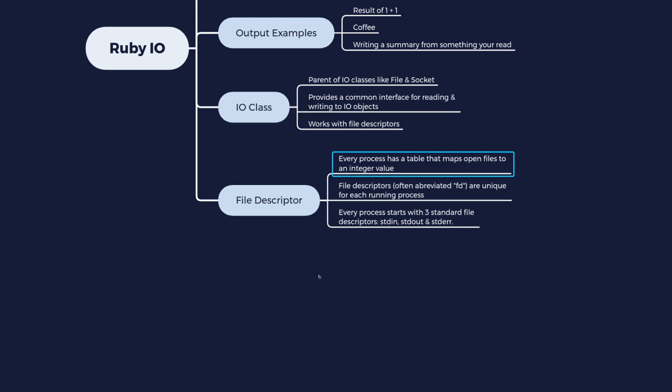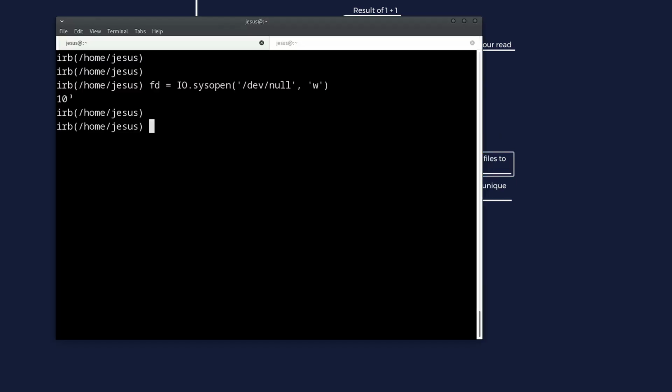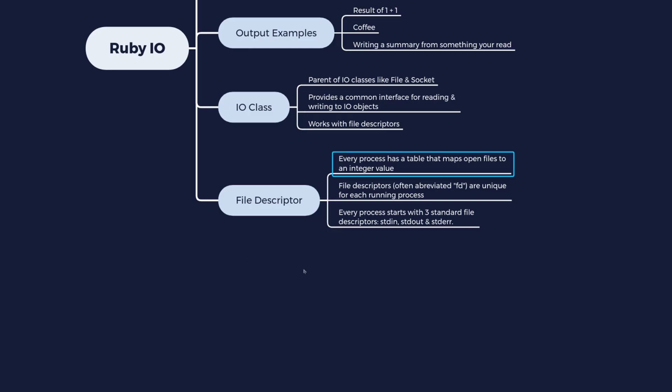And every process has a table that maps open files to an integer value. So that's why we get this value. This 10 is mapping this file to this number. Okay? So that's what's going on.